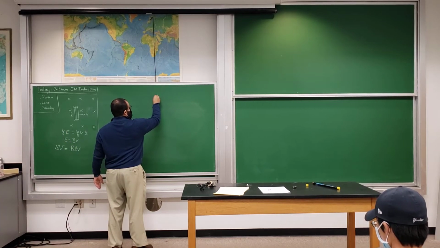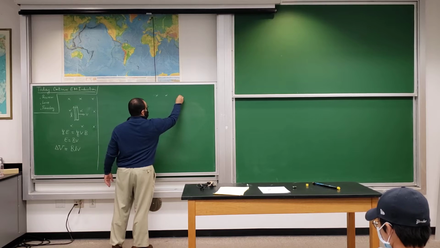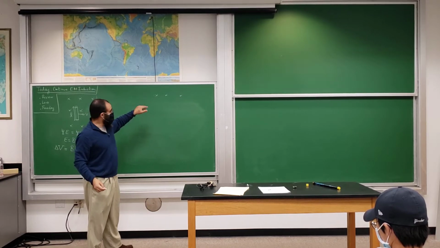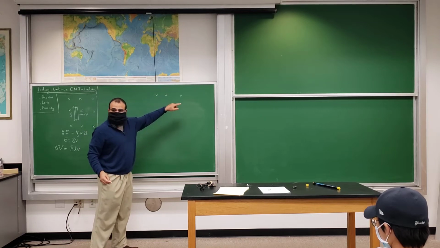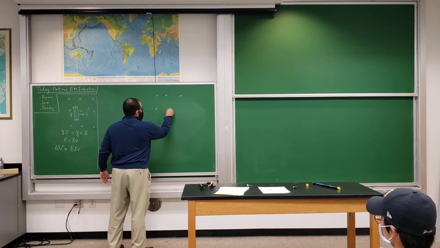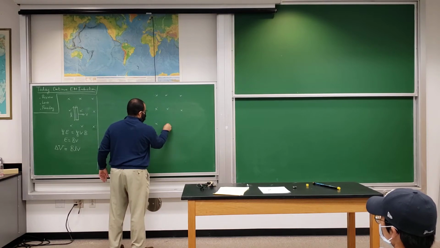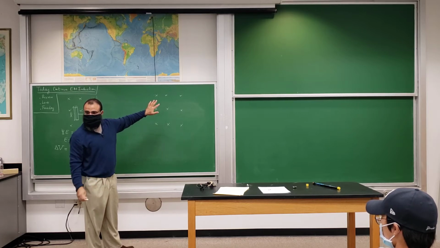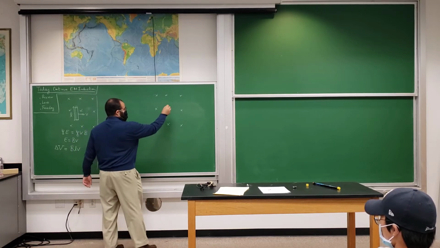We will take advantage of our setup. So here is the magnetic field. Again, I can only draw a few X's this way, otherwise it just gets too messy. But it's understood that there is a magnetic field into the board everywhere here.